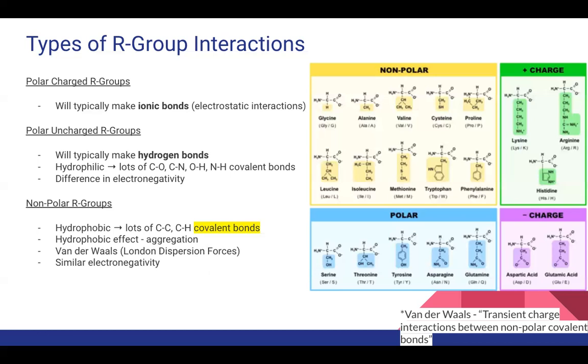And then we have the non-polar R groups, and these have a lot of carbon-carbon or carbon-hydrogen bonds. These are covalent bonds, but they're non-polar, because between carbon-carbons in the same molecule there is not a high difference in electronegativity, and the same goes for carbon-hydrogen. And these also form London dispersion forces.